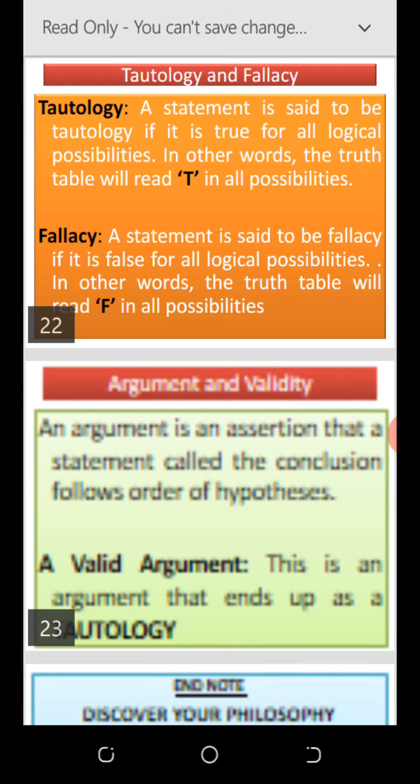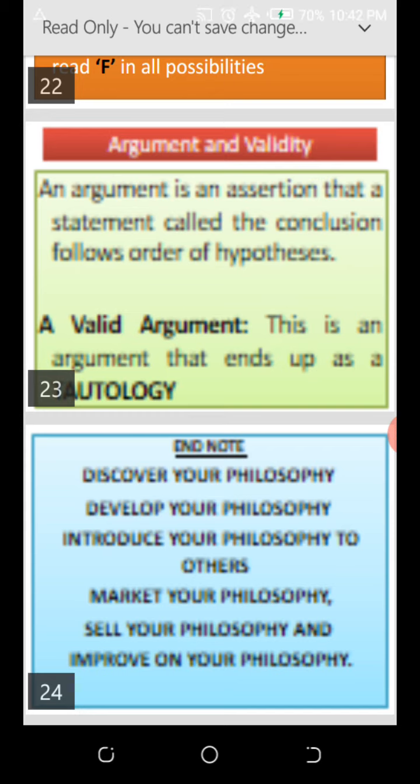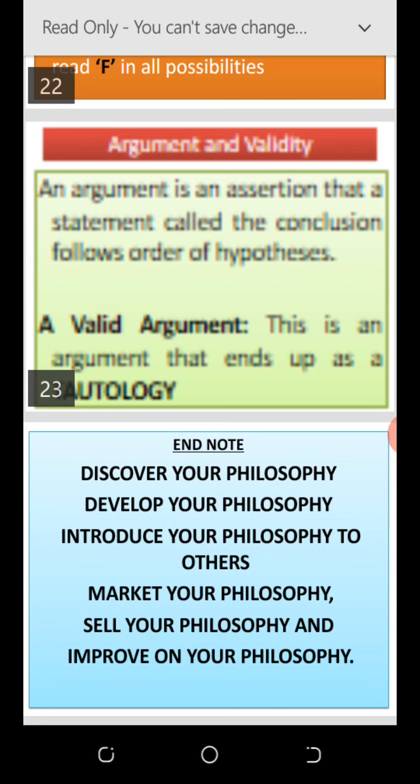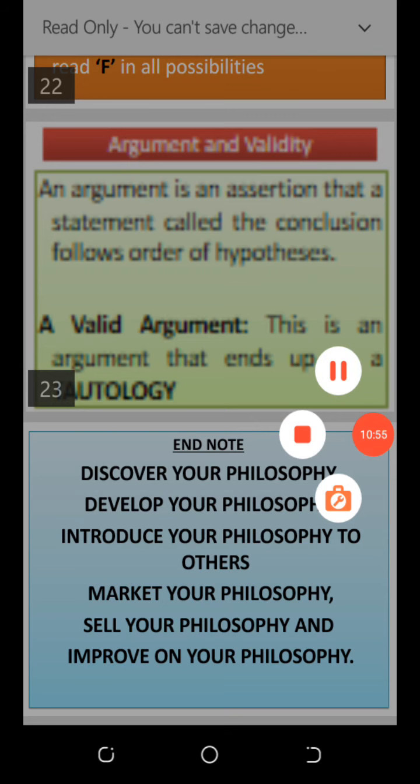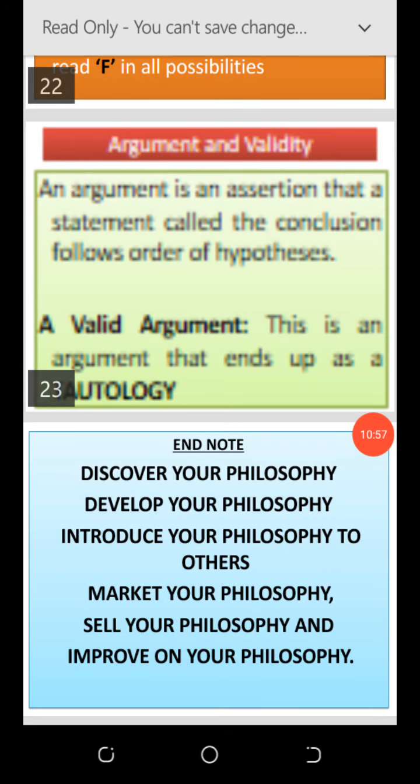On the final note, in our philosophy class, you need to know that you as a person studying philosophy just as a course, not as a discipline, need to do the following. Number one, discover your own philosophy. After discovering your philosophy, develop your own philosophy.